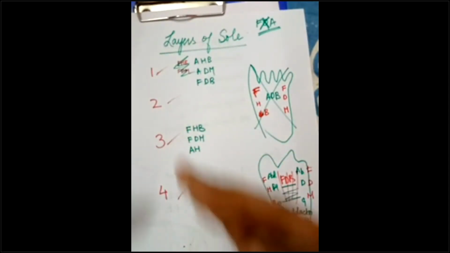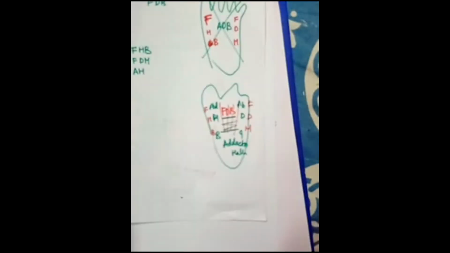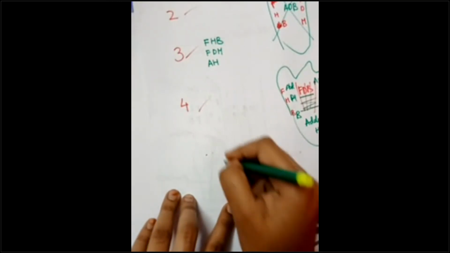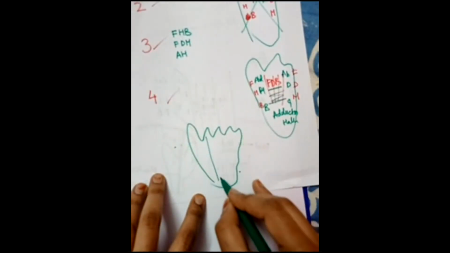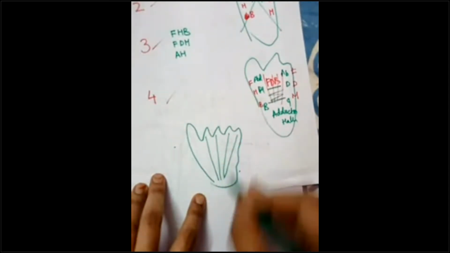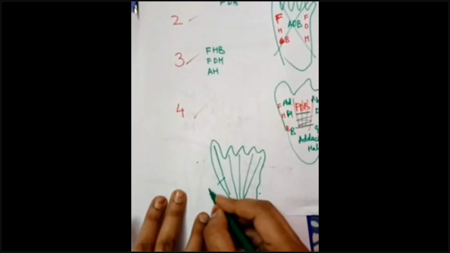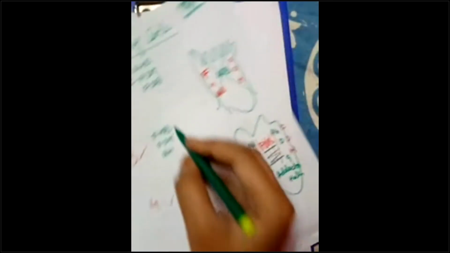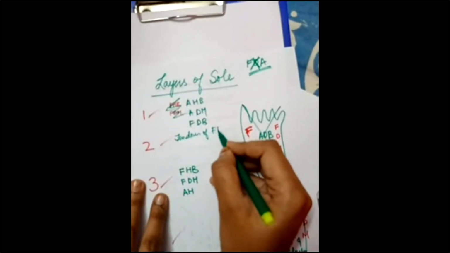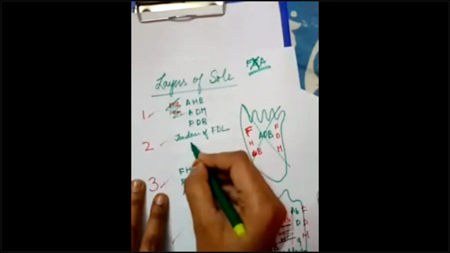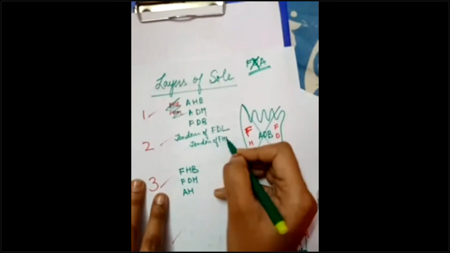Now the second layer. Second and fourth layers are mainly tendons. You will see tendons. If I draw like this, you will have the tendons of flexor digitorum longus and one tendon of flexor hallucis longus.